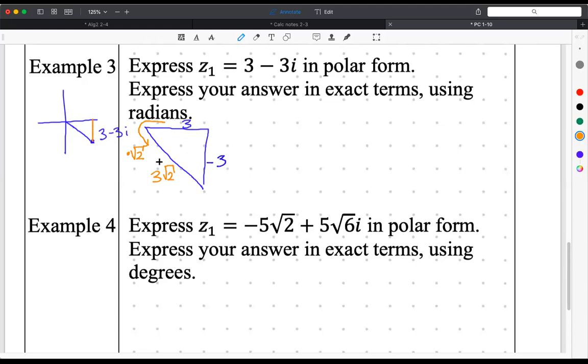So I can start filling in my polar form: R is equal to 3 square root of 2. My polar form will look like 3 square root of 2 times brackets, cosine of our argument, which I'm going to leave blank for now, plus i sine of our argument. We just need to figure out what our argument is, and we're done.